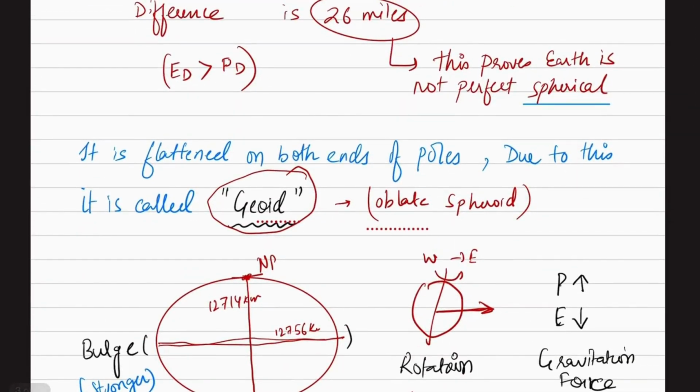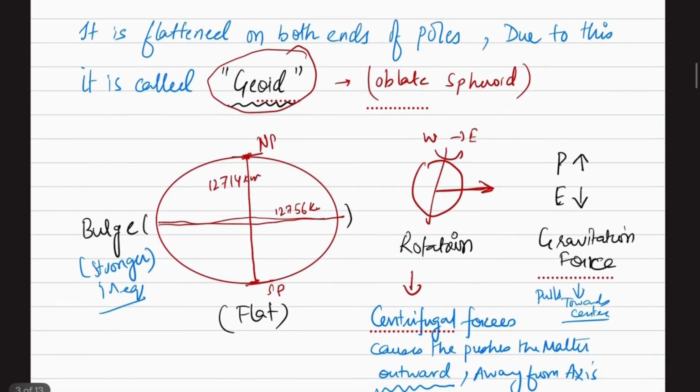Why we are saying that it is an oblate spheroid? Reason क्या है इसका? पहला reason है that it is rotation of the earth. हमको पता है that earth rotates from west to east direction, and due to this rotation of the earth there is a centrifugal force applied on it. Centrifugal force क्या करता है?